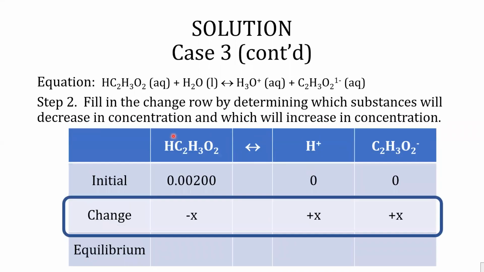Step 2 is to fill in the change row by determining which substance will decrease in concentration and which will increase in concentration. In this case, HC2H3O2 has a change of minus x, and for H plus and C2H3O2 minus, they are both plus x.